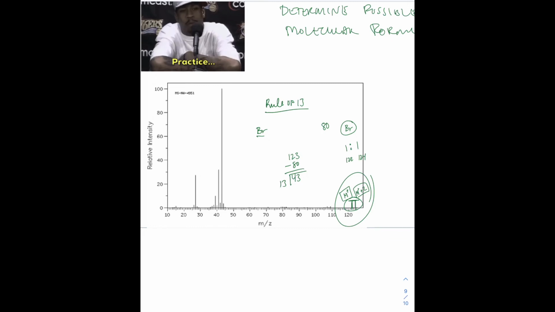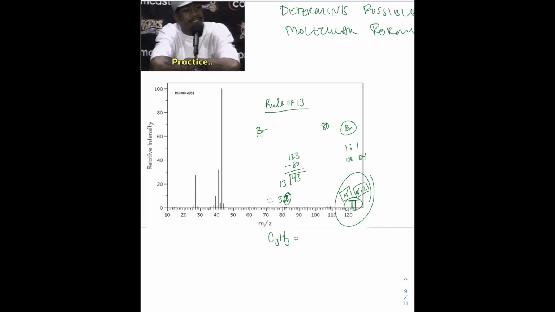So 43 divided by 13 is equal to 3.3. So this is equal to 3.3. And obviously, remember what this means is we have C3H3, and then we have a remainder of 0.3, right? And so basically what we need to do is convert that to whole numbers for hydrogen.